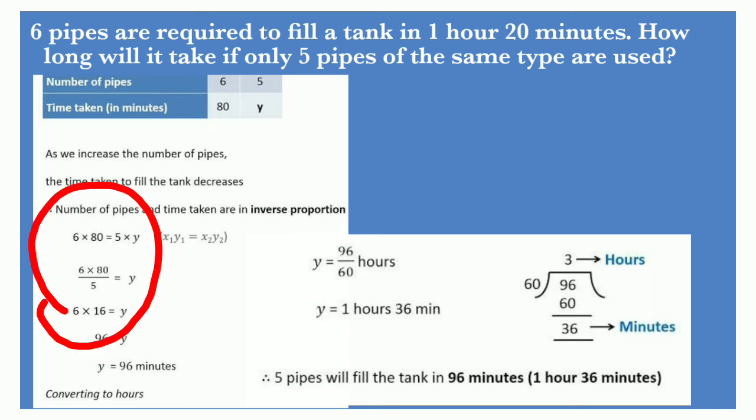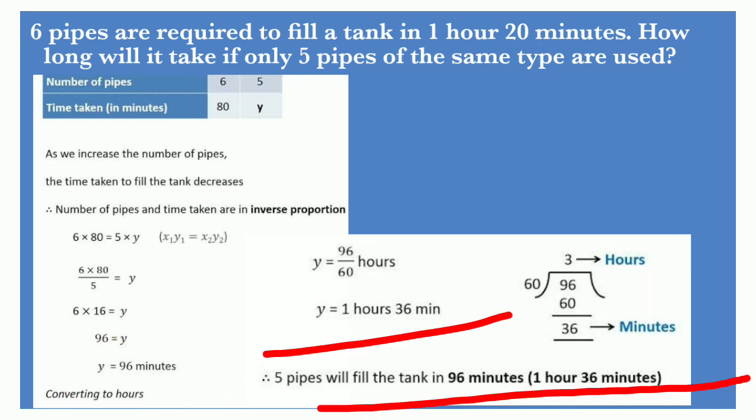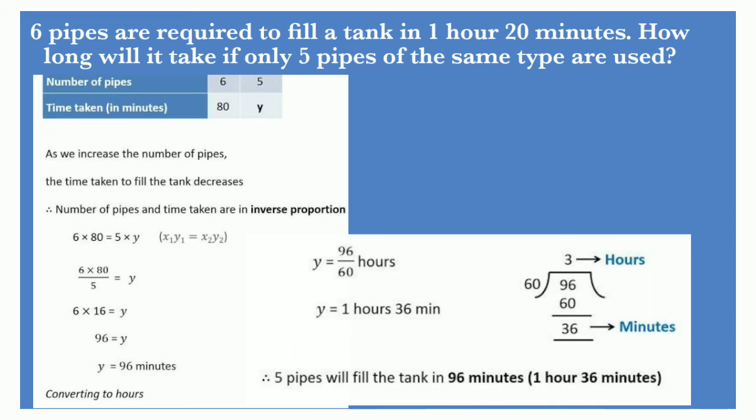So 6 into 80 is equal to 5 into y. Then cross multiply, you will get 6 into 80 divided by 5 is equal to y. So y equal to 96 minutes. So 96 minutes means 1 hour and 36 minutes. So 5 pipes will fill the tank in 96 minutes or 1 hour 36 minutes.